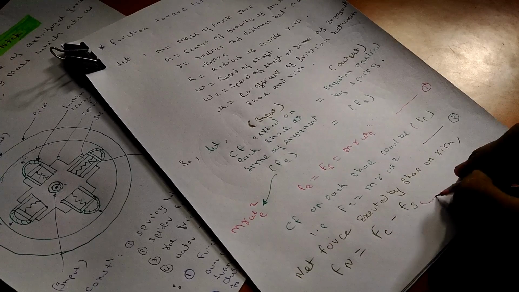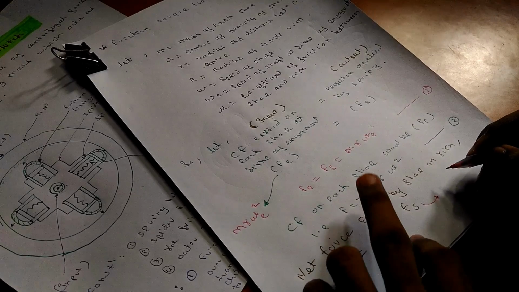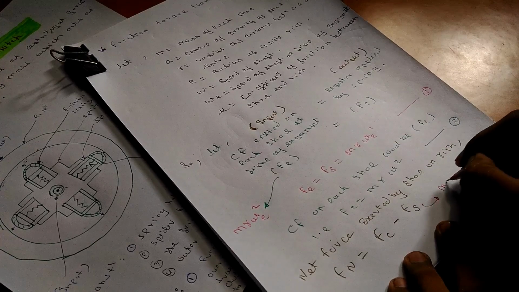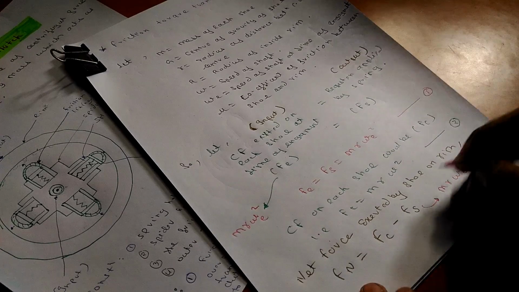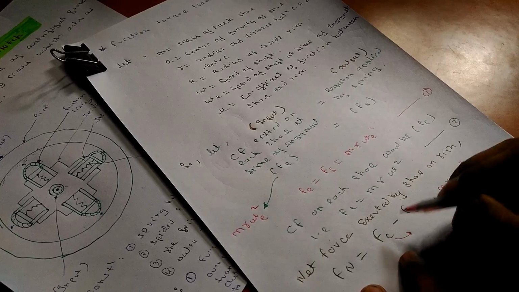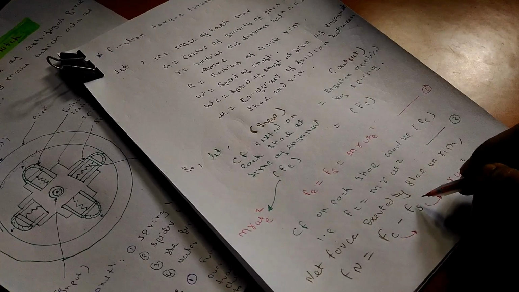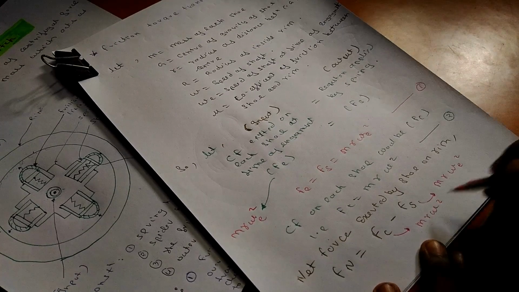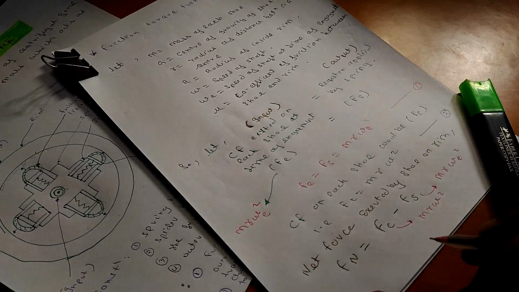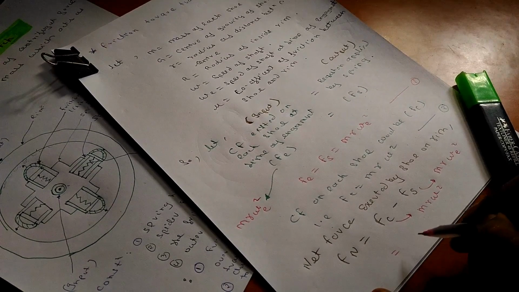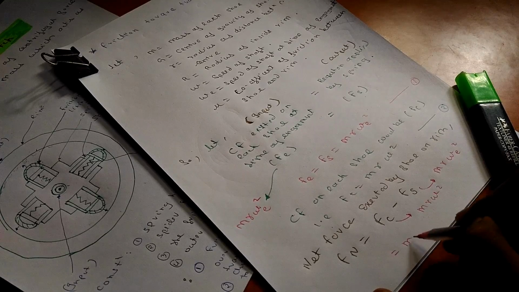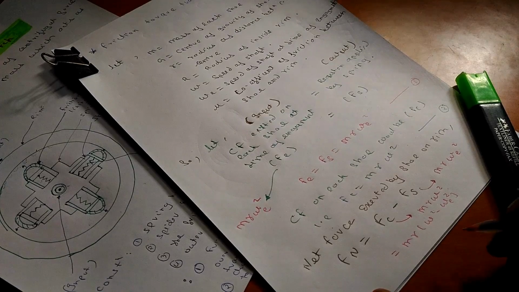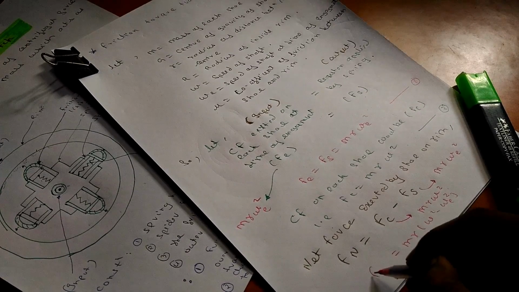As we know that the spring force is m r omega e square, and this centrifugal force is m r omega square. Therefore this gets converted to, taking m r common, omega square minus omega e square. So we have got Fn.